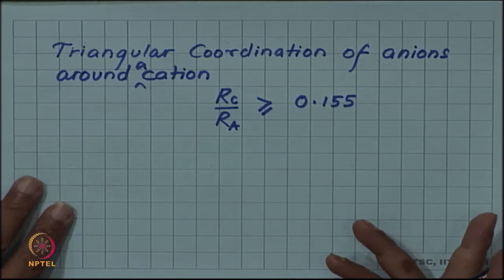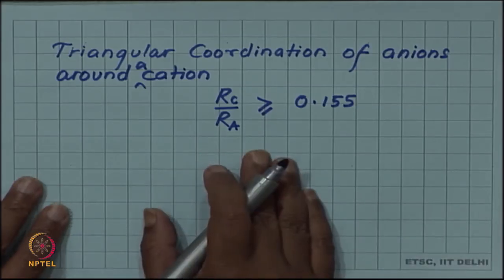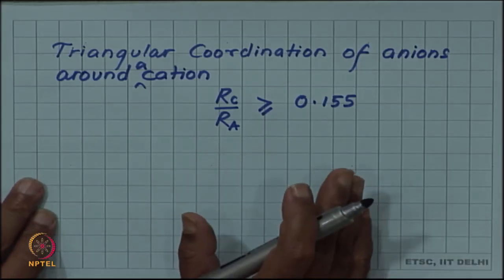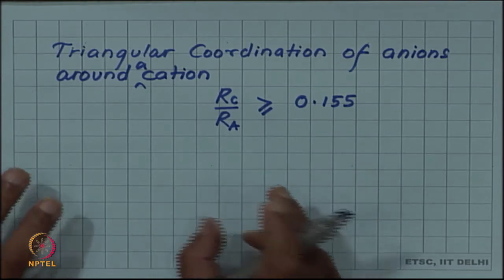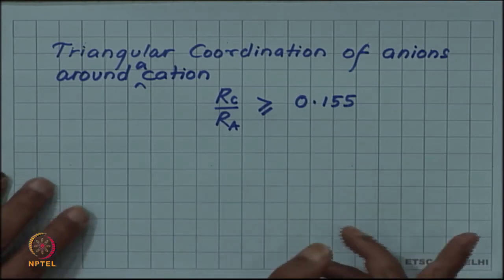What will happen if the radius ratio is less than this? Then the triangular coordination is not stable. So, maybe you will have a linear molecule.